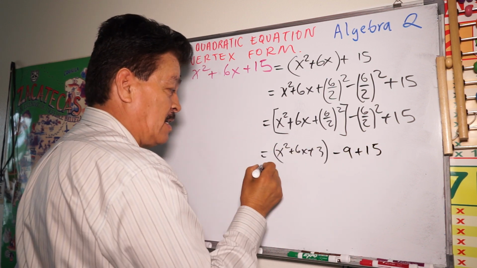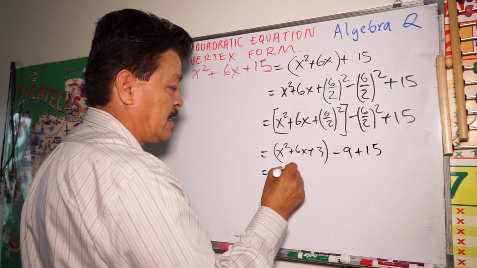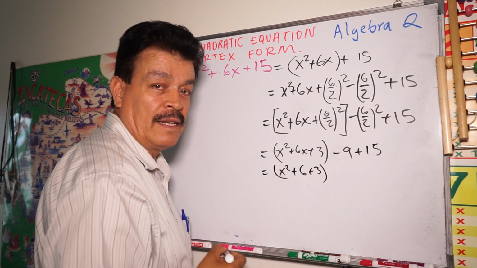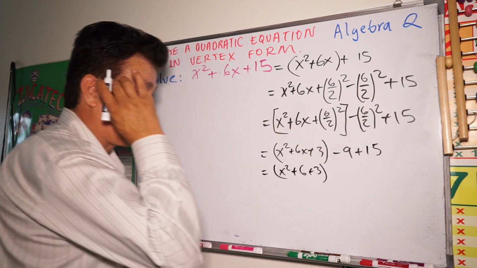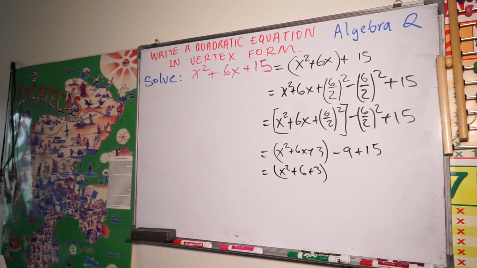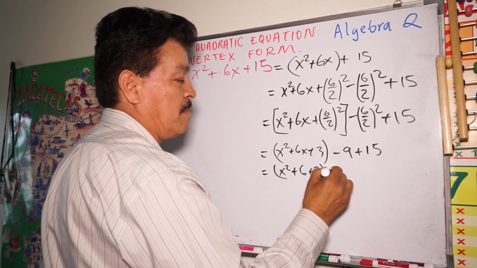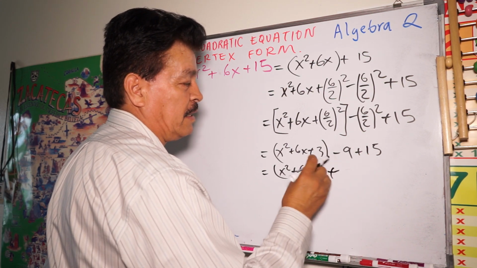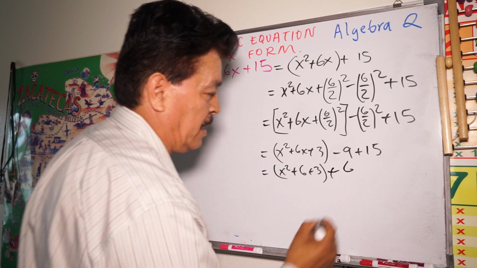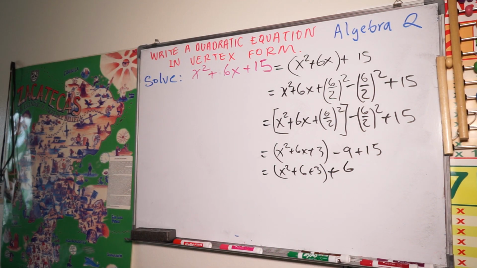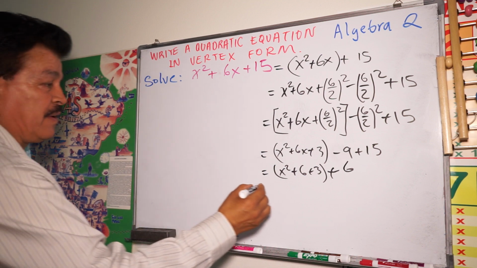It's going to be x plus 3, and 50 minus 9 is 41... plus 41. That's it. So this is a perfect square.